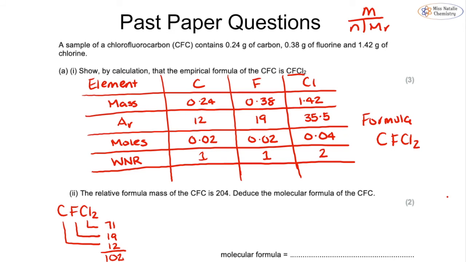To work out the ratio, I do the mass of 204 divided by the empirical mass, which is 102, giving me that ratio of 2. So I now have to do 2 times CFCl2, giving me my molecular formula of C2F2Cl4. I simply just multiply all of the subscripts by that ratio of 2.